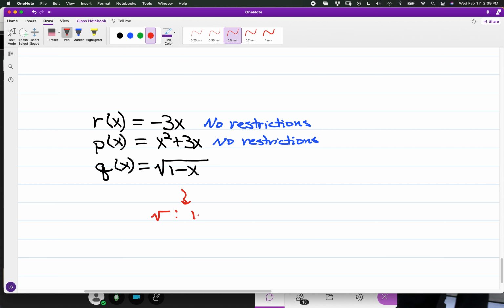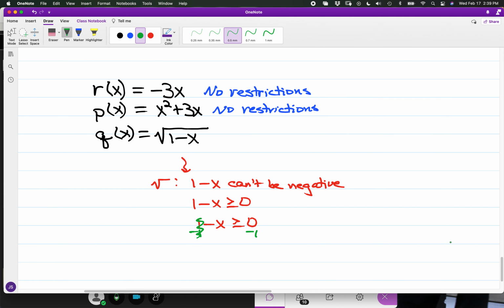Again, whatever we have for x for Q of x, 1 minus x cannot be negative. So you have 1 minus x is greater than or equal to 0. And if I get the x term by itself upon moving 1, by subtracting, we're going to have that negative x is greater than or equal to negative 1.